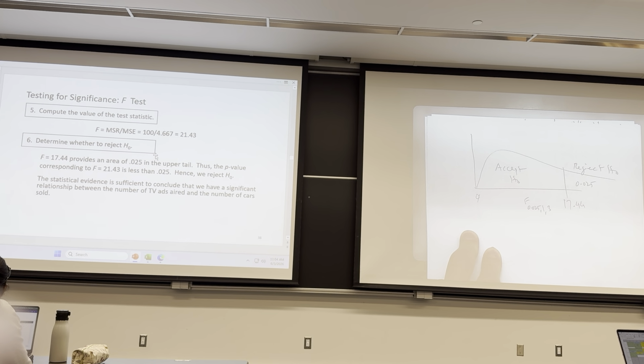You first put your level of significance, and the second number is going to be degrees of freedom for the numerator, and this third is going to be degrees of freedom for the denominator. So that is 17.44. Now, this F critical is splitting your distribution into acceptance and rejection.